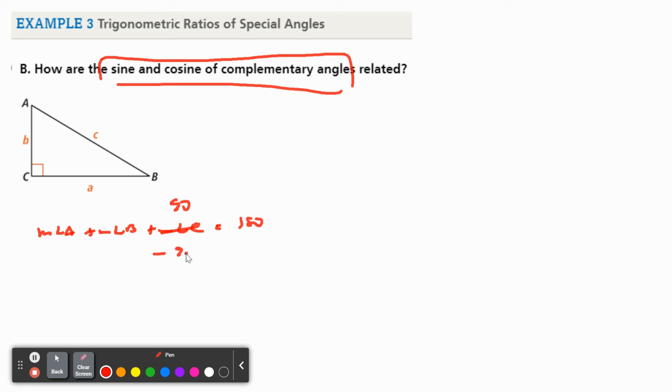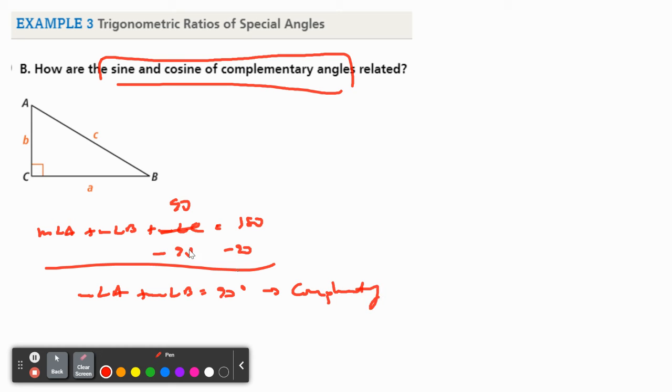So if we take away 90 degrees on both sides, then we have the measure of angle A plus the measure of angle B equaling 90 degrees. This is the definition of complementary. When two angles add up to 90 degrees, that is complementary. So this is why in this problem with sine and cosine, we're looking at complementary angles, not necessarily supplementary angles.